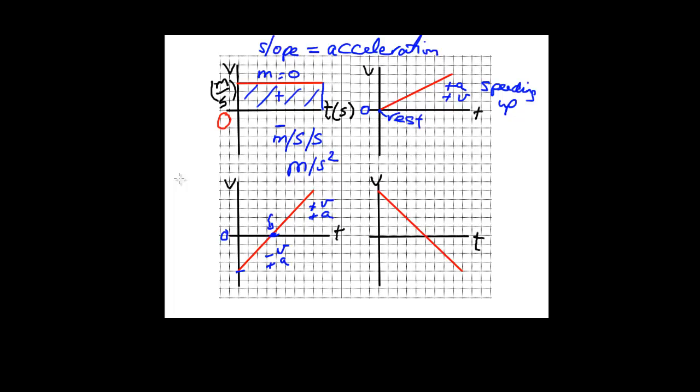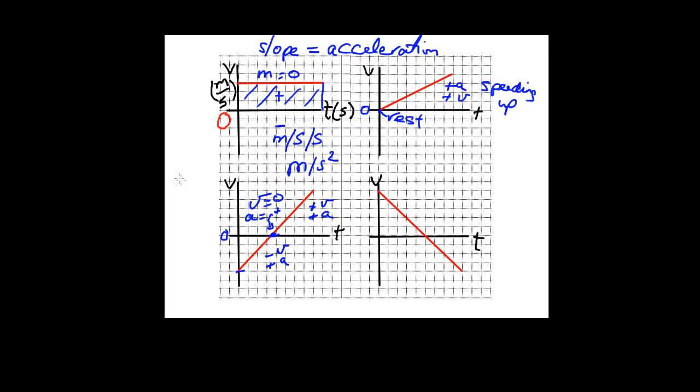At that moment right there, we know his v is 0. But what is a? Is a 0? No, that point is still part of this line. A is still positive. Whatever that value is, it's still the same there. The big mistake students make is thinking that because the object is stopped, it's not accelerating. According to this graph, it is still accelerating, even though for that moment it stopped.